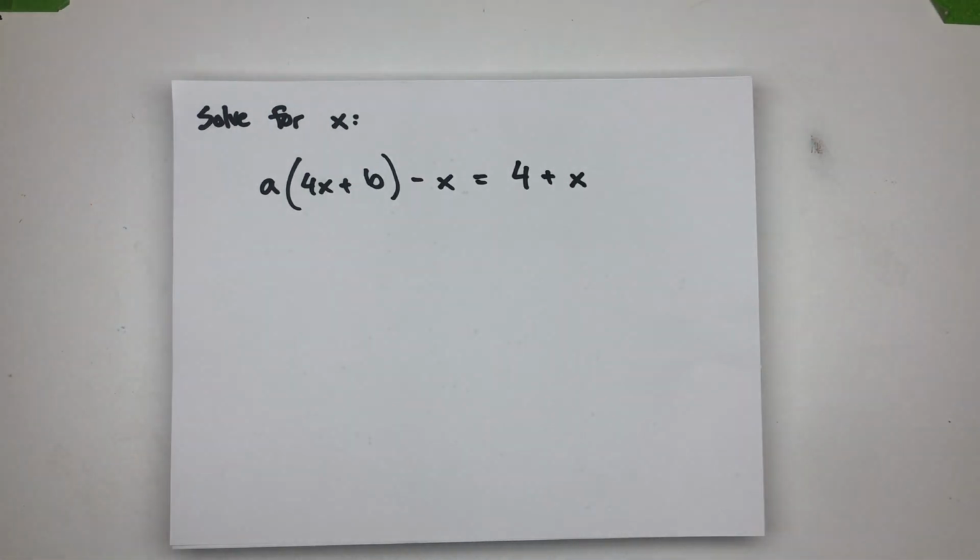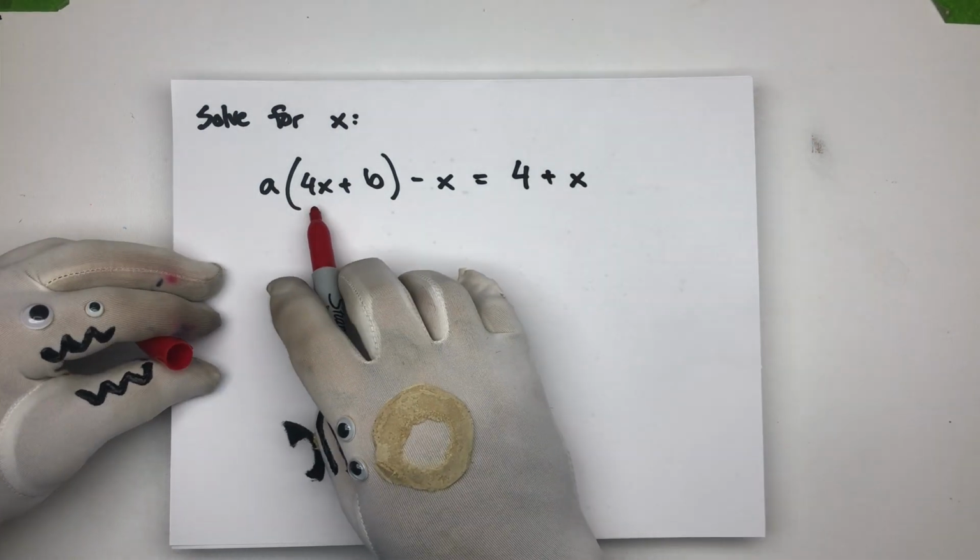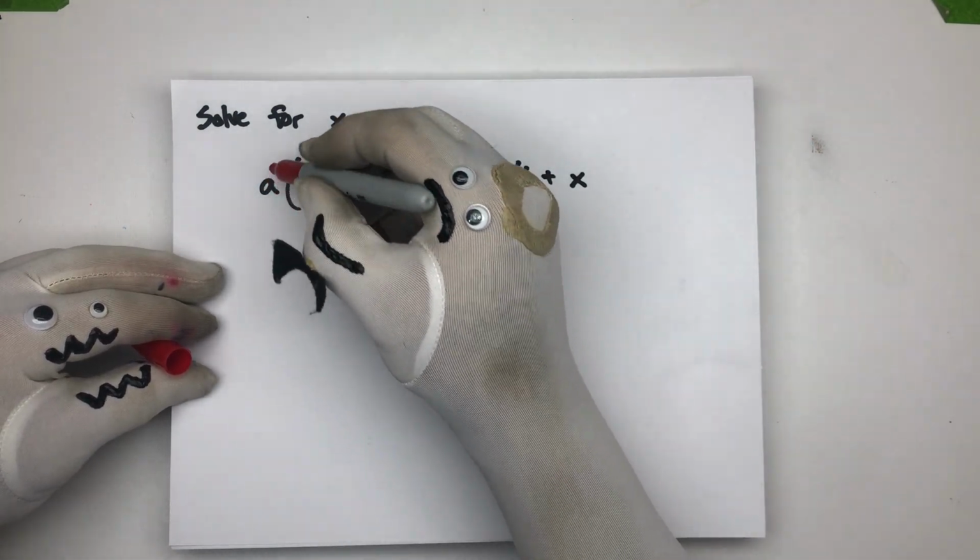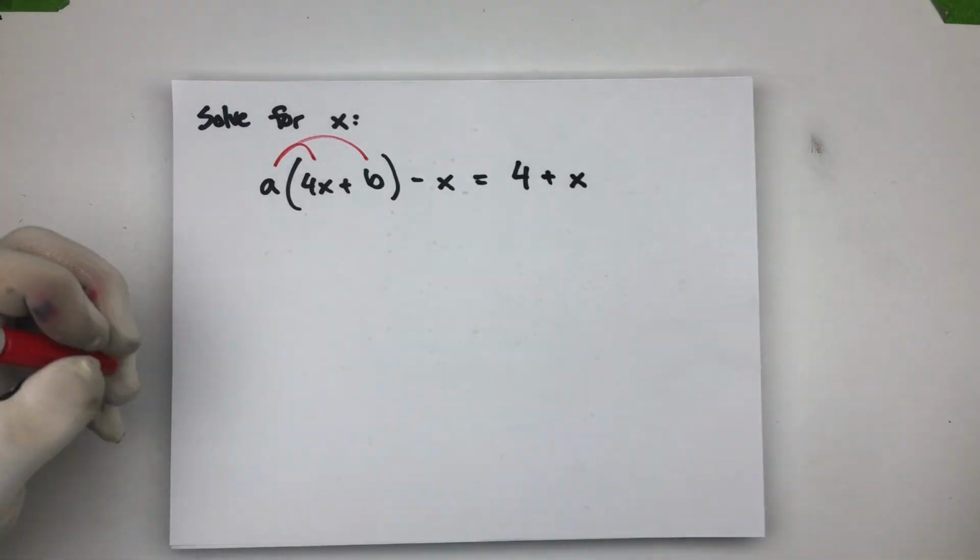We'll do one per page now. Okay, so here we have to expand the bracket first to get to our x. Okay, so we're going to expand the bracket first, bring that into our two terms.